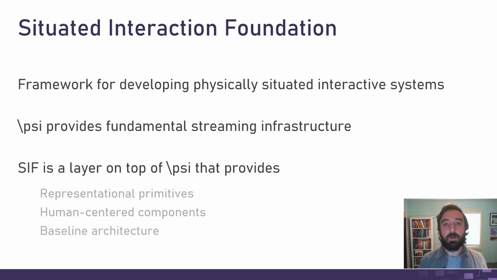And finally, it will help to have a baseline architecture for how these components come together so they can be leveraged across specific applications. So Situated Interaction Foundation, or SIF for short, as I'll call it a lot, is meant to provide these affordances, in addition to the tools already provided by Psi, like Psi Studio, for visualization and debugging.